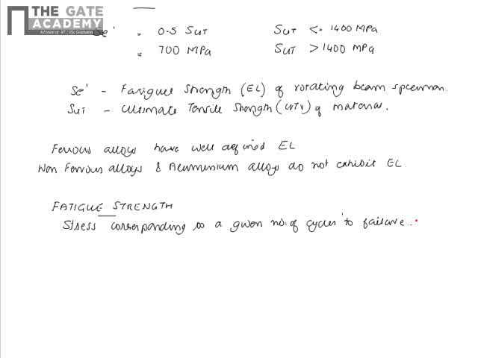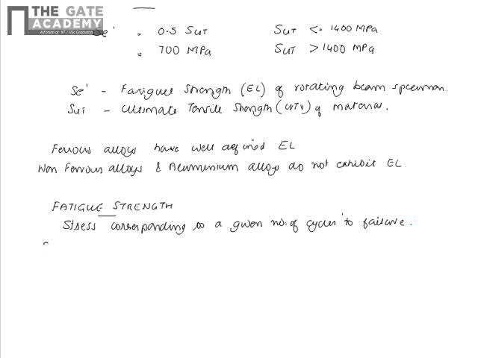That is, if I am told that a material has to withstand 10 power 5 cycles, then what is the stress corresponding to that number of cycles? That is called the fatigue strength of the material. And this can be determined from the SN diagram.